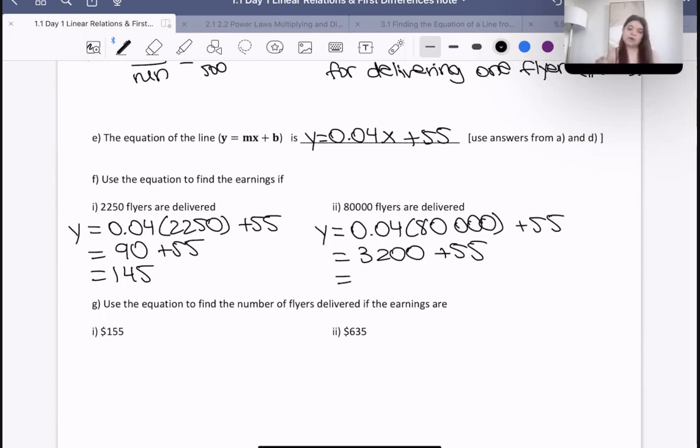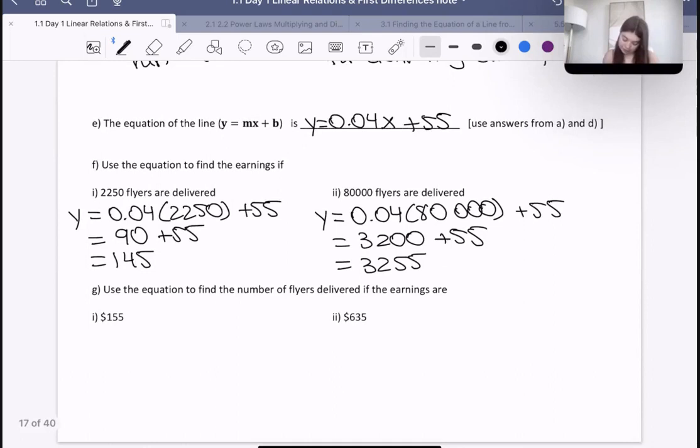Okay, well, at least she makes good money. If you do that much work in a week, you make pretty good money. A lot of people wouldn't make that in a month, so that's something. So for delivering 80,000 flyers, she will make $3,255. That's quite a nice chunk of change.